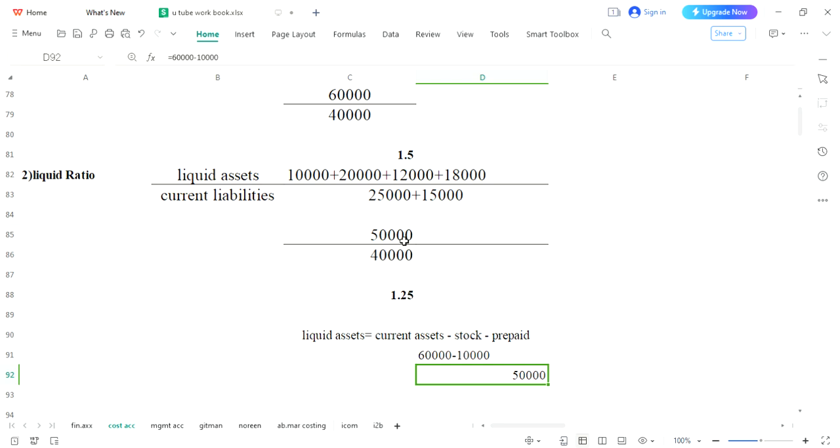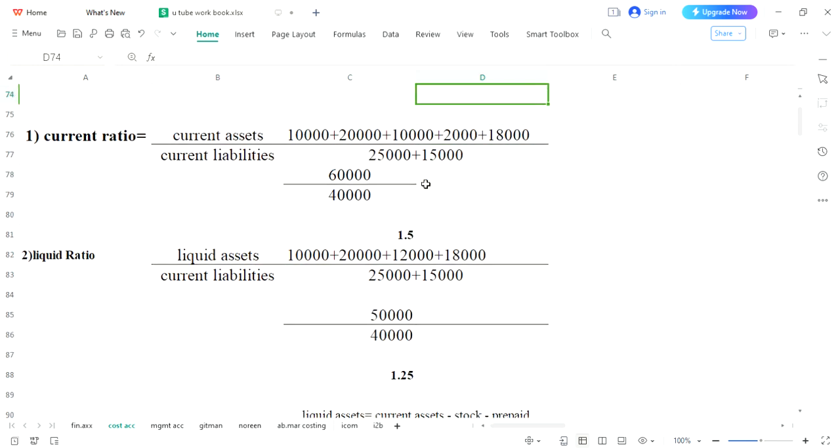Now please understand, this is your indirect method. In the direct method you will write all current assets except stock and prepaid. So you can make a good comparison of current assets. Here 1, 2, 3, 4, 5 were current assets. Stock amount was 10,000. So we have excluded 10,000 and remaining all amounts we have written, that was 50,000.